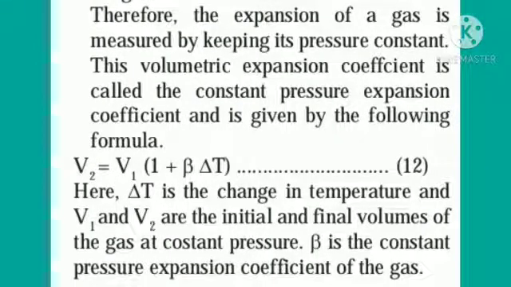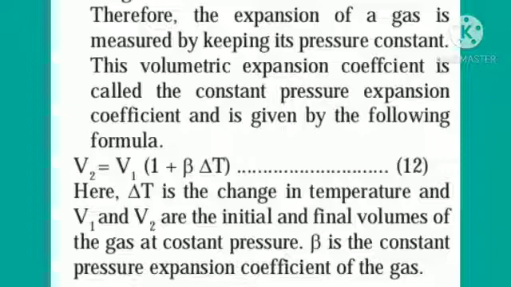Therefore, the expansion of a gas is measured by keeping its pressure constant, and this volumetric expansion coefficient is called the constant pressure expansion coefficient and is given by the following formula.